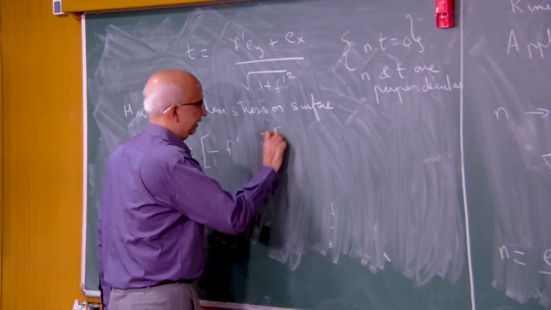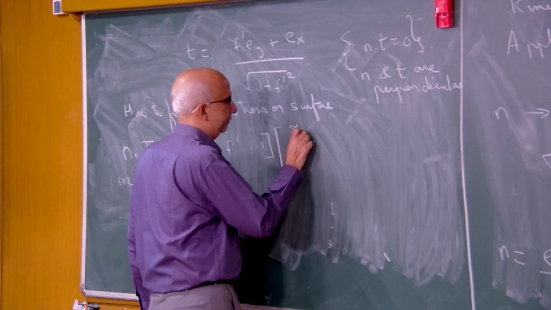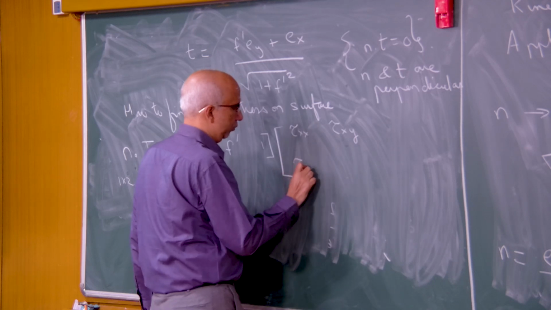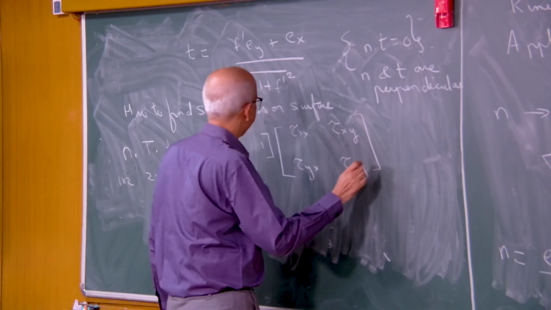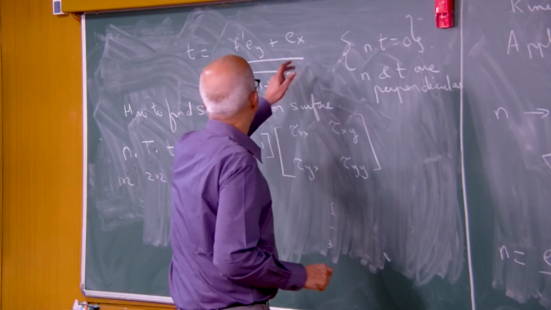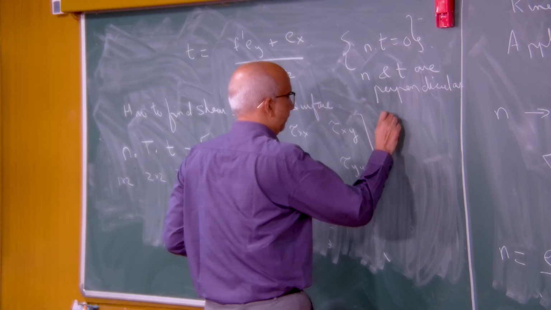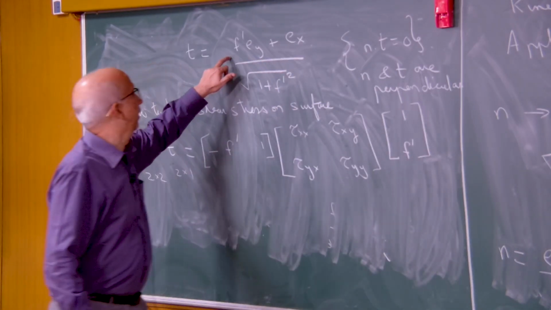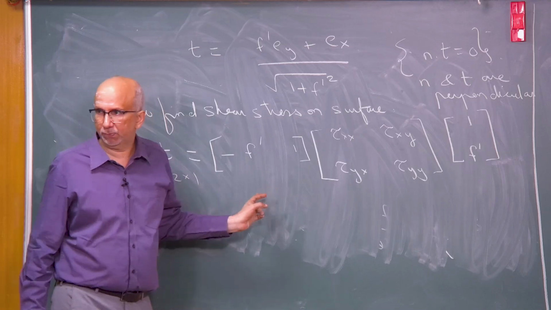The stress tensor T is written as tau xx, tau xy, tau yx, tau yy, and small t is, I already found small t, which is 1 and f dash.